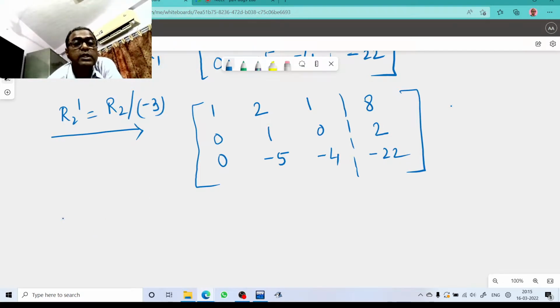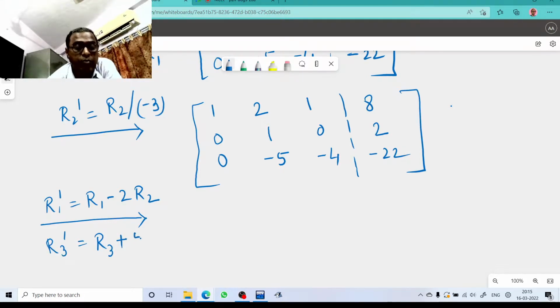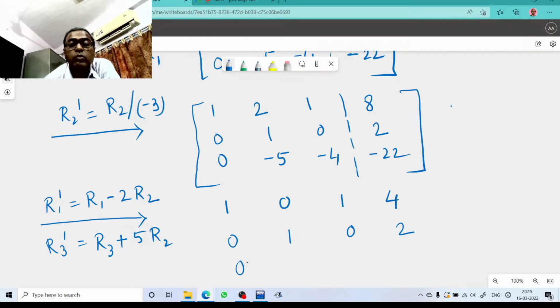So next apply two elementary row operations: R1 dash equals R1 minus 2 R2, and R3 dash equals old R3 plus 5 R2. So by these operations we get 1, 0, 1, 4, and second row unchanged, 0, 1, 0, 2, and third row 0, 0, minus 4, minus 12.